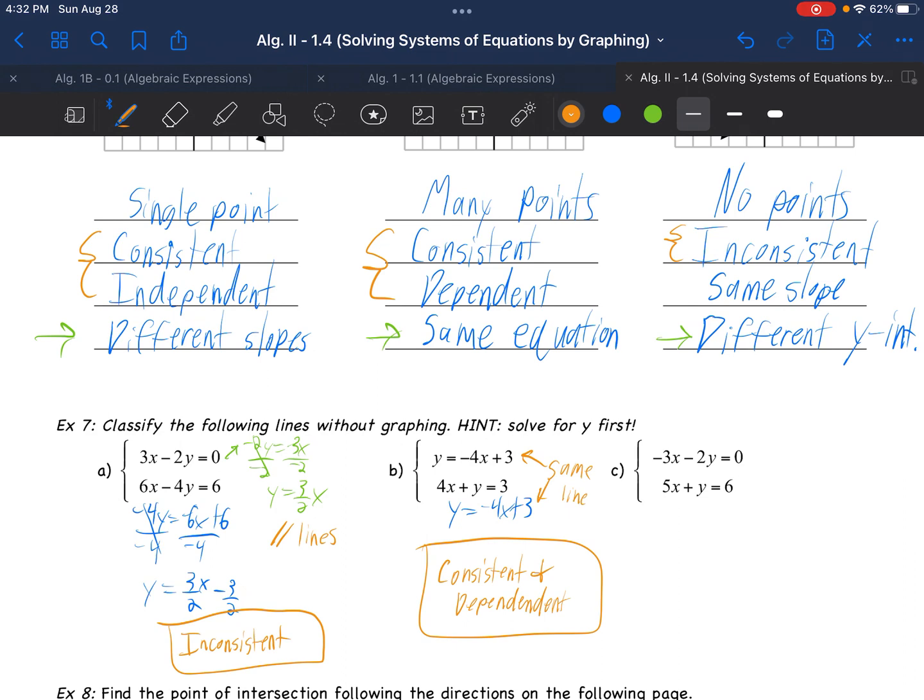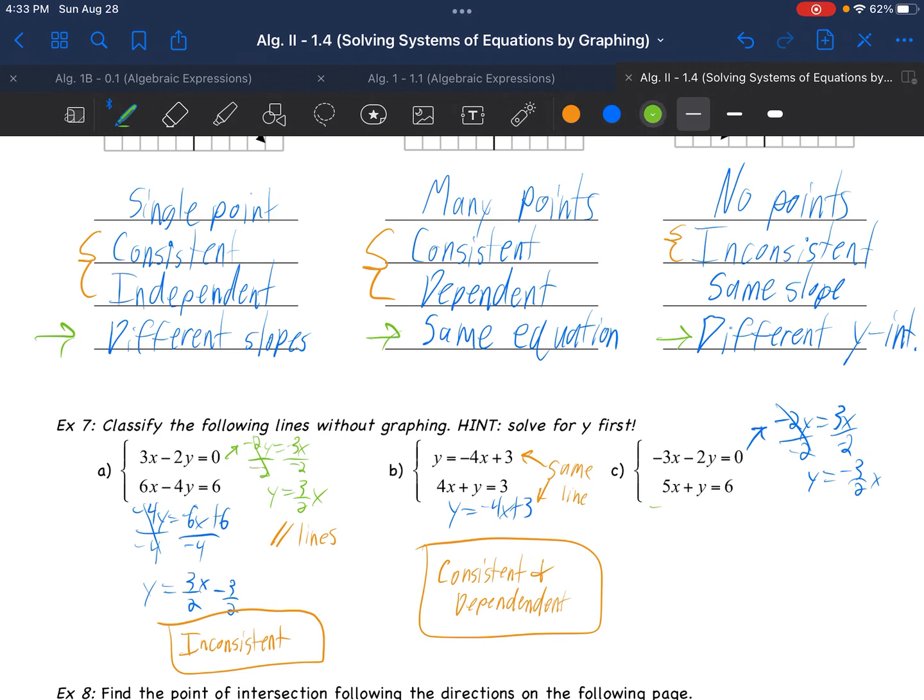Last but not least, letter C. We'll have to solve both of these equations this time. The first equation, add 3x to each side to get negative 2y equals 3x plus 0, or just 3x, divided by negative 2, and you get y equals negative 3 over 2x.